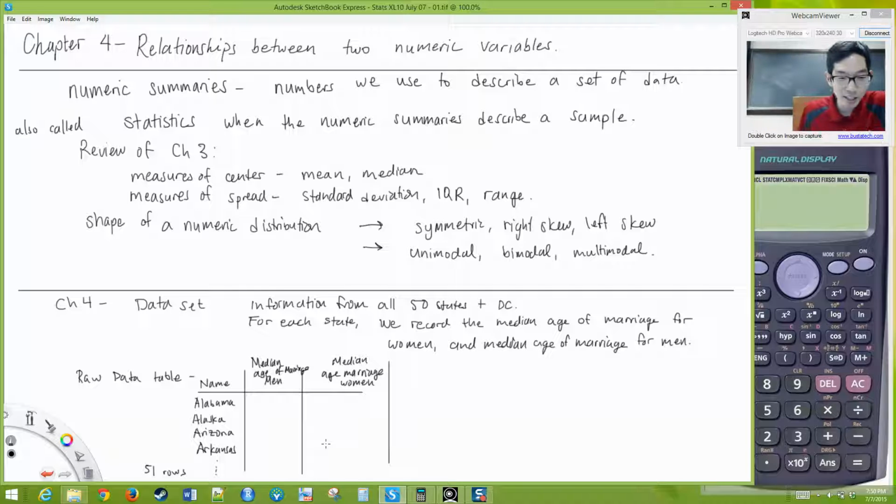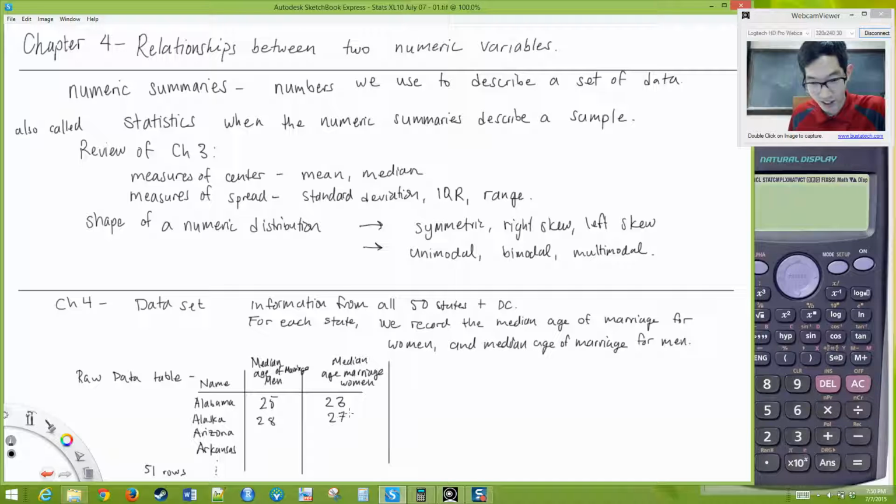All right, so we'll say in Alabama it was 25 and 23. I don't know. I'm making these numbers up completely. Okay, so don't get mad at me. And Alaska, we'll say 28 and 27.